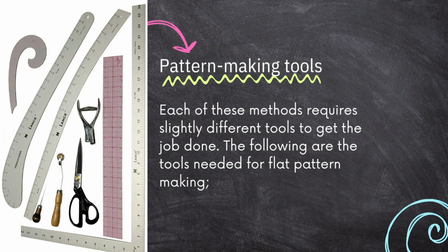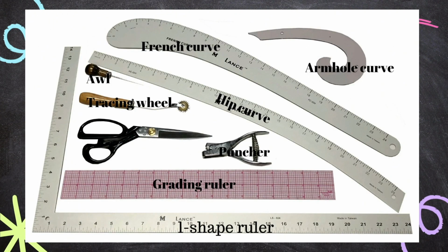For pattern making we have different tools, and depending on the method you are using, your tools might vary. But for flat pattern making, the tools required are as follows. You have your pattern paper. It can be brown, white, or in the form of graph, whichever is convenient for you.